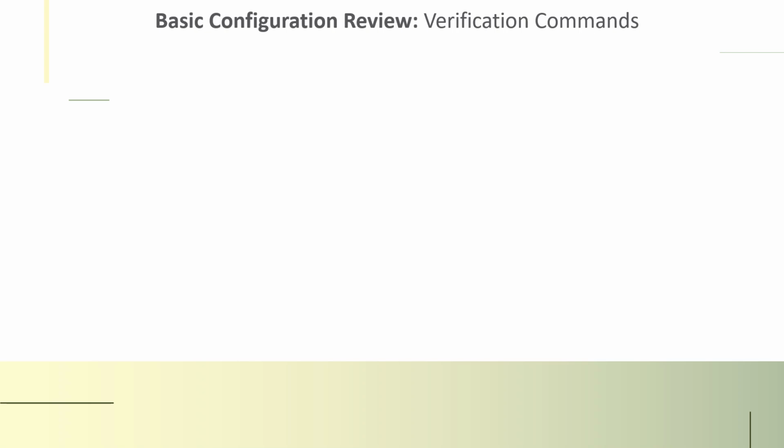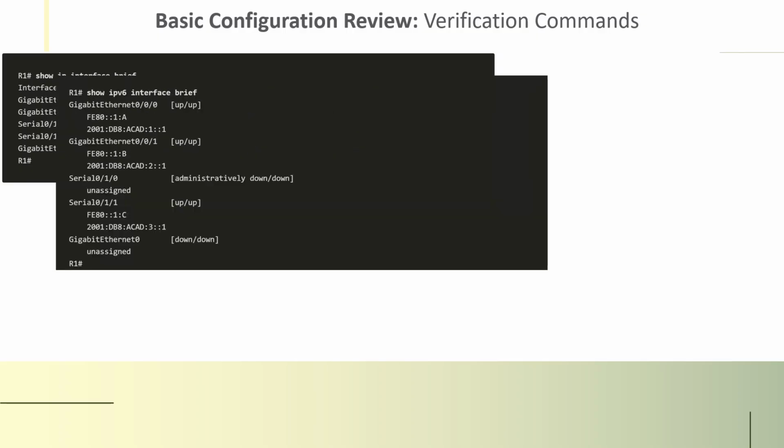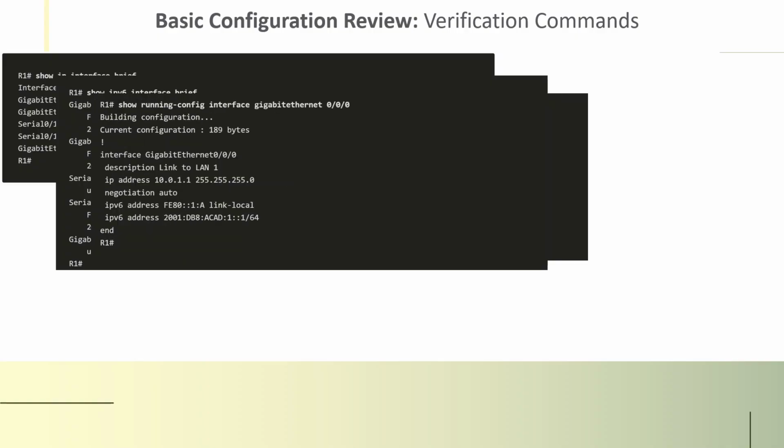Those commands include show ip interface brief, which shows us information about the IP addresses for each interface and if they are up. This is for IPv4. This is for the IPv6 network. And we have the show running-config interface, which will give us a more detailed description about the interface.